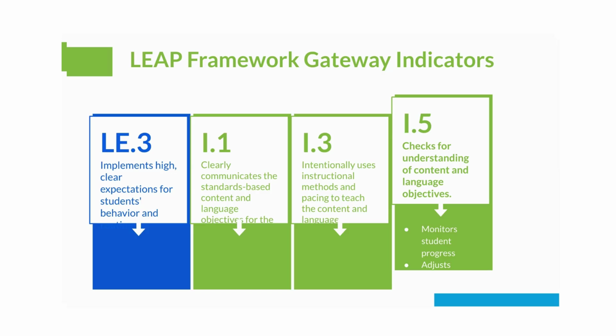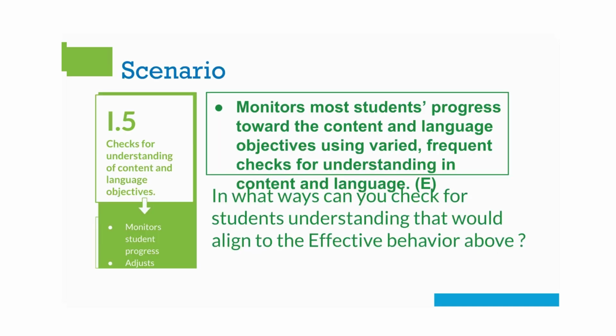The next indicator we are going to explore is the last gateway indicator, I5. I5 involves checking for students' understanding and progress towards proficiency of both the content and language objectives. To develop a deeper understanding of the effective behaviors for I5, consider how you might meet the effective behavior from the LEAP framework for checking for understanding.